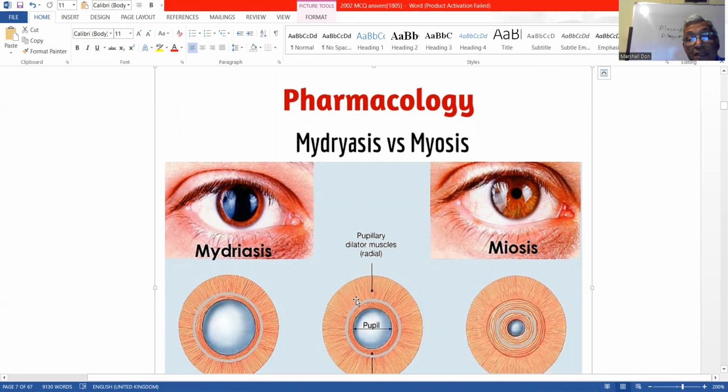This happens from this smooth muscle layer, contraction or enlargement.